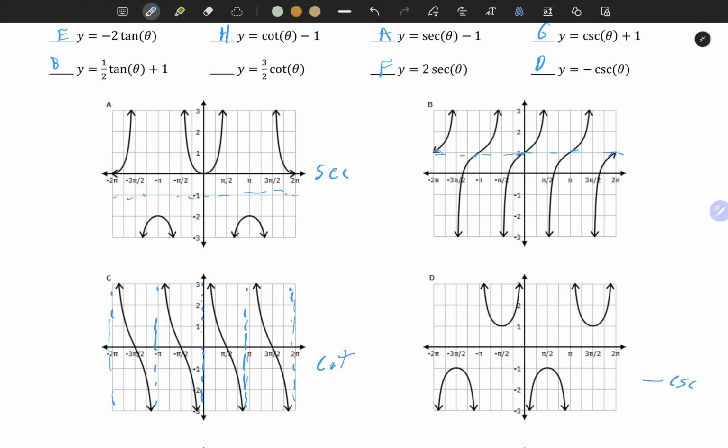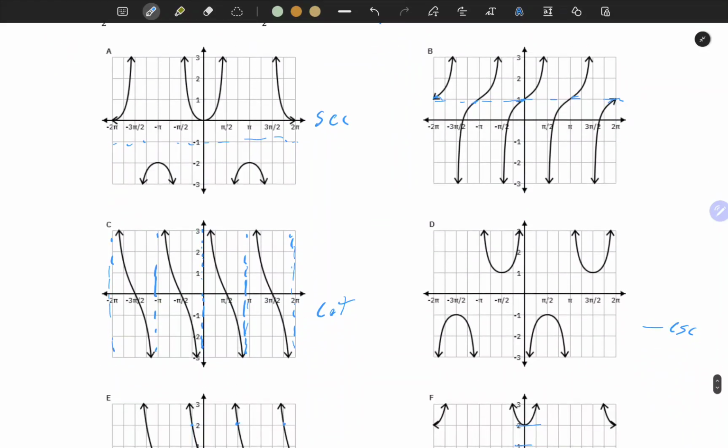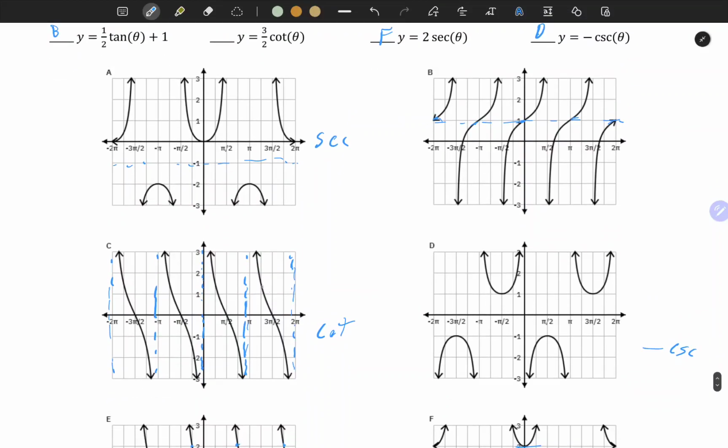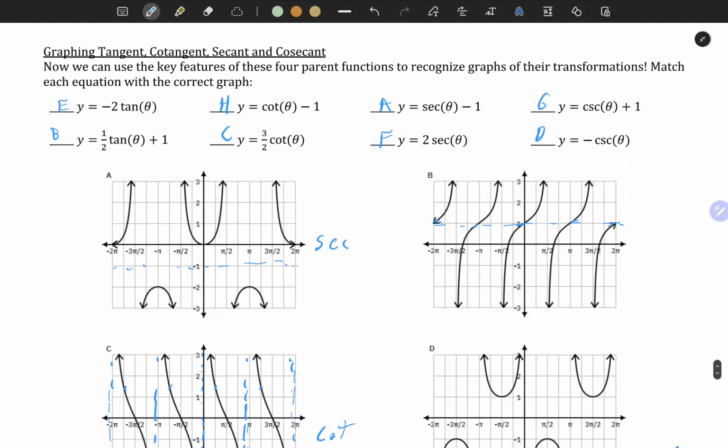That's why we know this amplitude of 3/2 should be here. This is our amplitude right here. That's our amplitude, 3/2. Cotangent. So it is C.